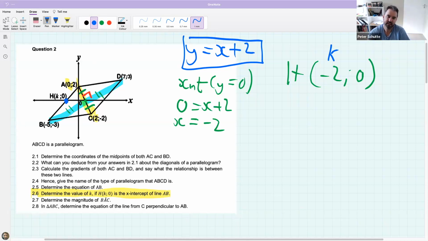Then the next thing we have to do, now that we've got that one, is 2.7. So 2.7, find the magnitude of angle BAC. So let's find BAC. Okay, this is a bit tricky. It's that angle up there, isn't it? Okay, I'm going to help you a little bit with this one.